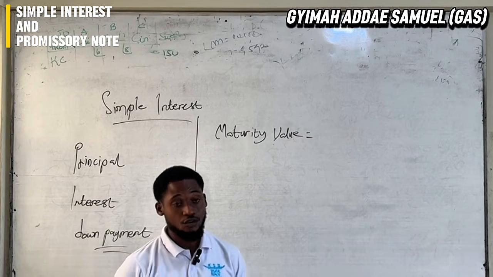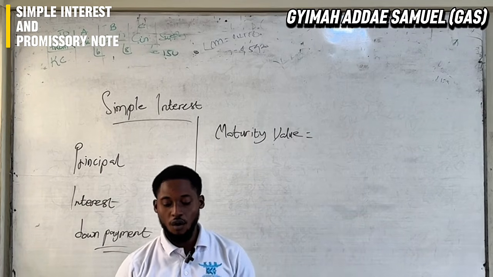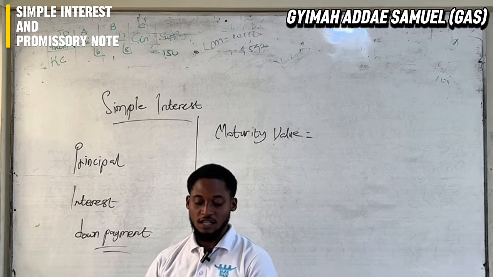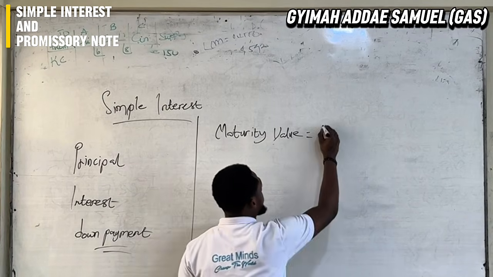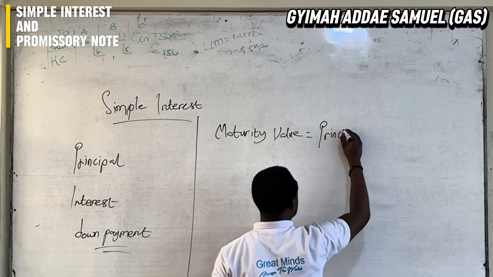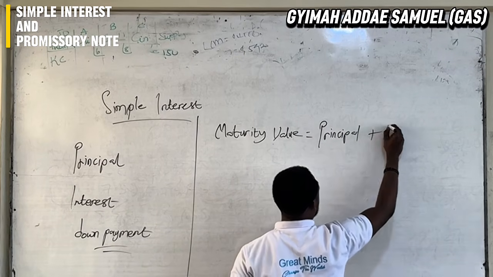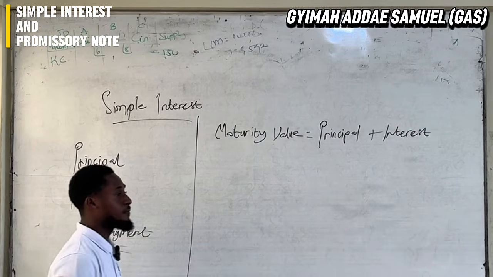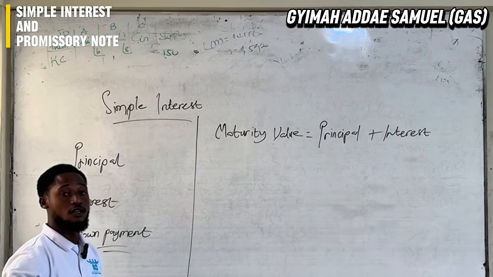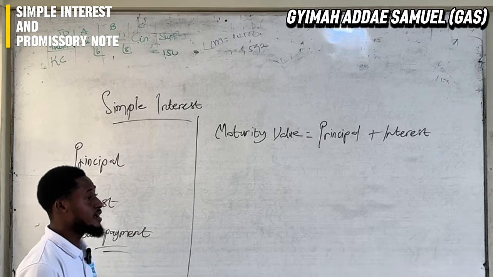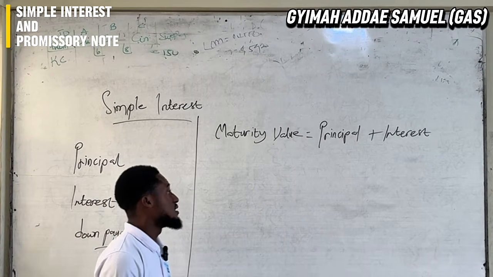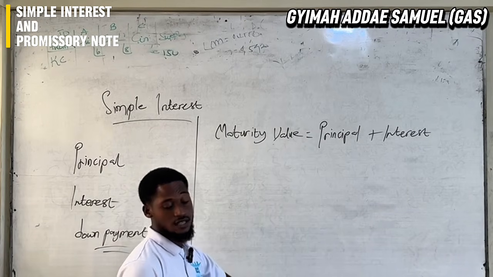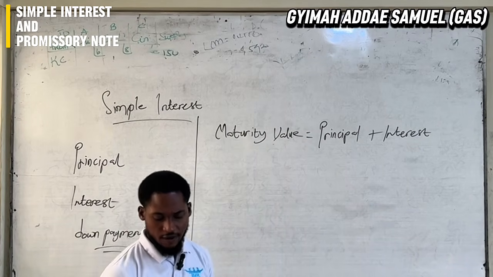So as I said, the principal is the actual amount you went to lend, and the interest is the fee for using the actual amount. When you sum them up, it is the maturity value or accumulated value.